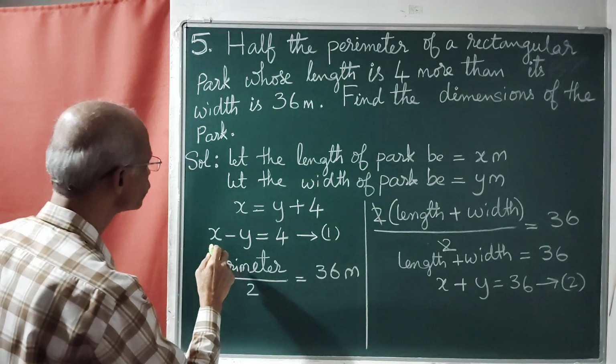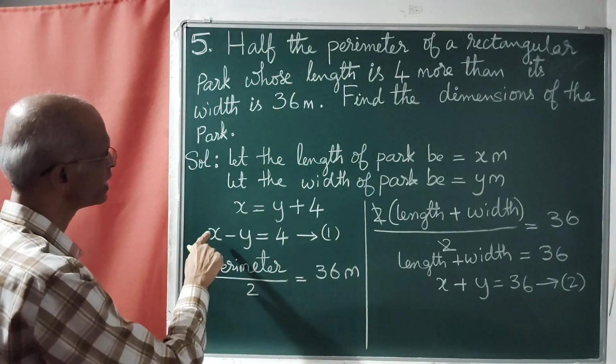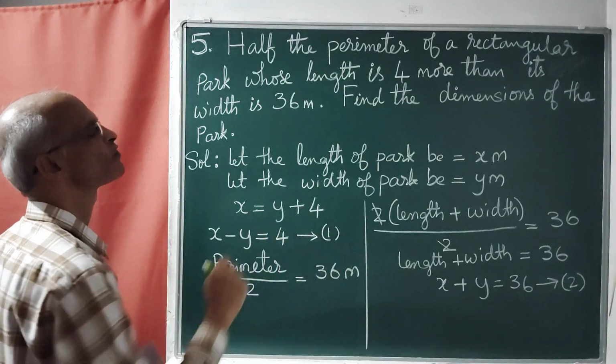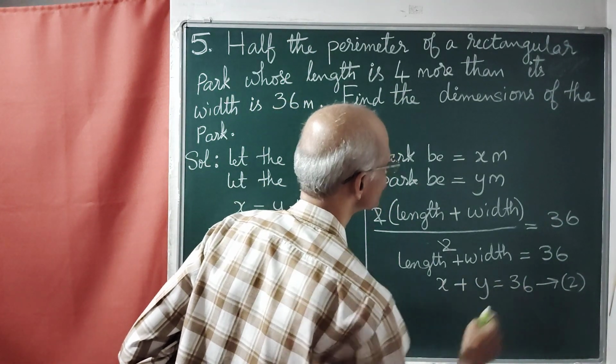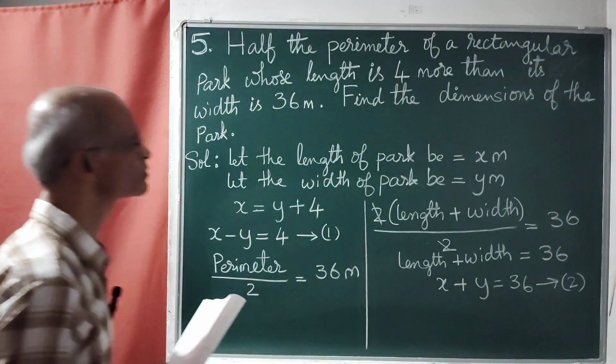We got two equations. x minus y equal to 4, the first equation. Second one, x plus y equal to 36, the second equation.